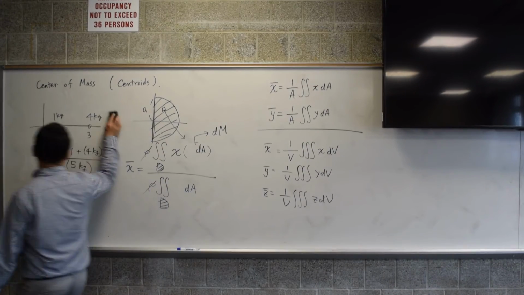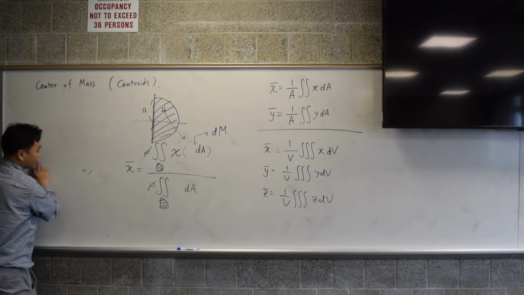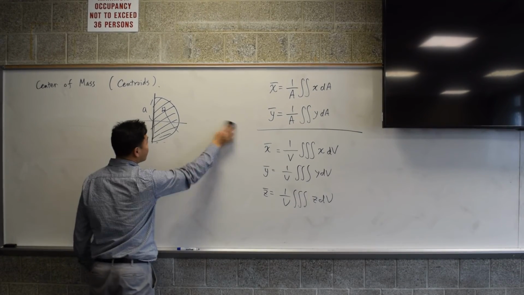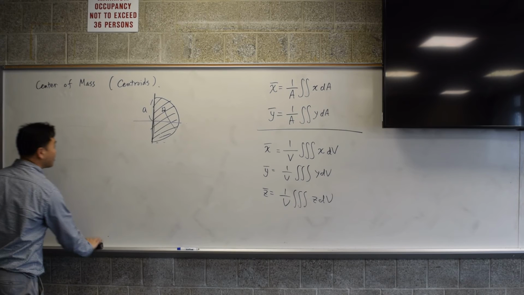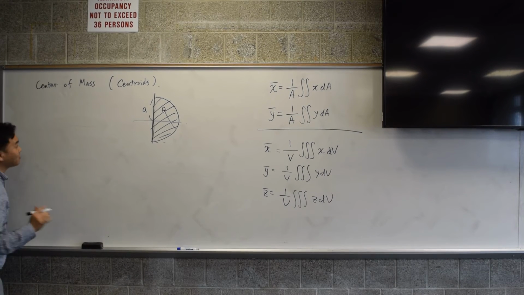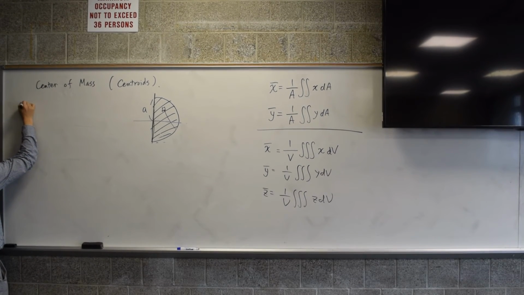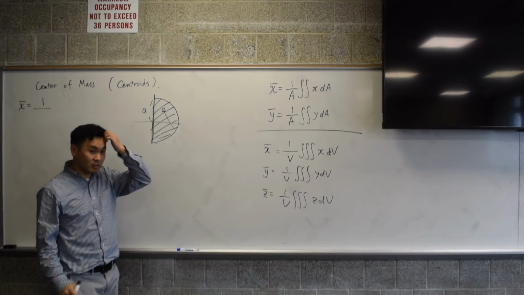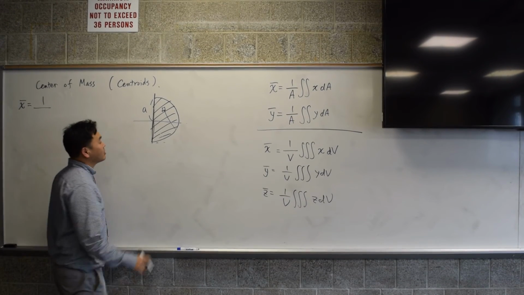Let's actually do the computation. Our goal is to find the center of mass of this object, a half disk of radius a. The only thing we need to calculate is x bar. We need to divide by its area. What's the area of this thing? 1/2 pi r squared.